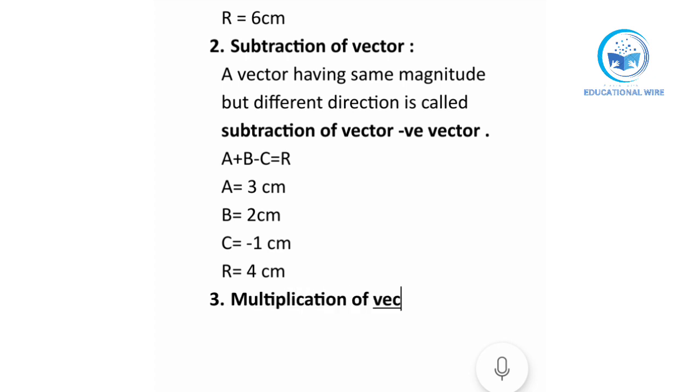Multiplication of vector. In multiplication of vector we are having two different positions.